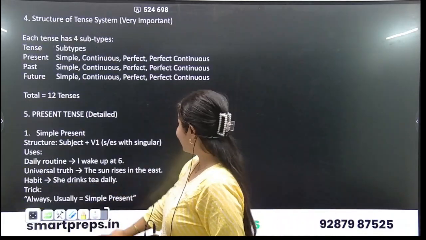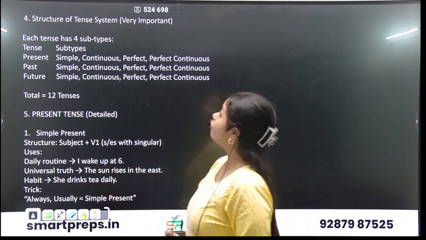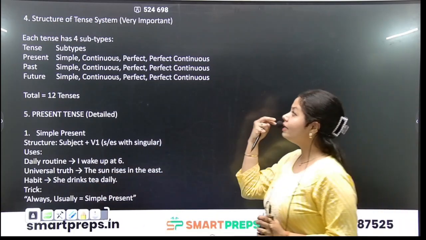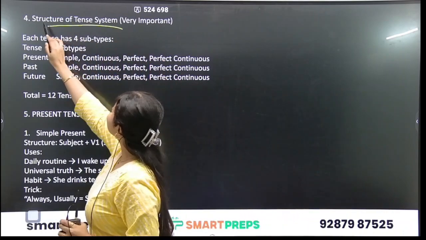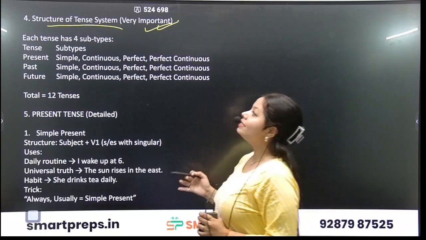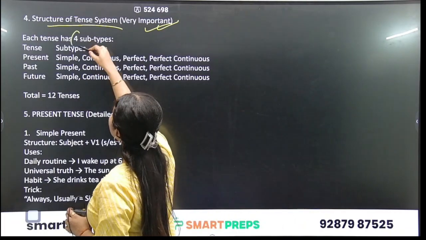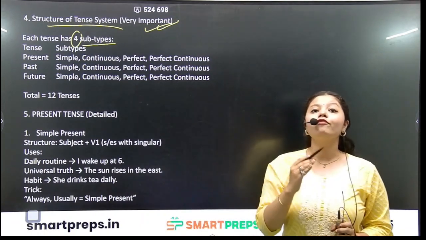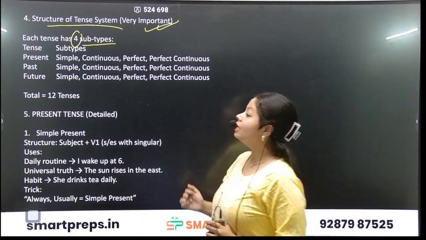Moving on, let's understand the structure of tense. What is the structure of the tense system, which is very important for us to understand? Each tense has four subtypes. There are four different types under each tense.